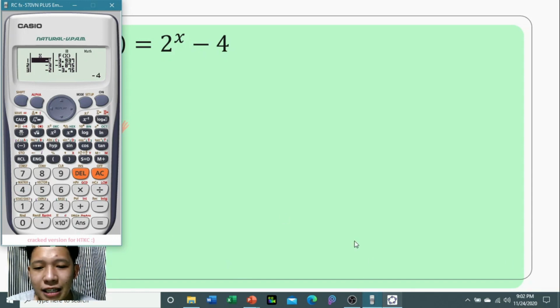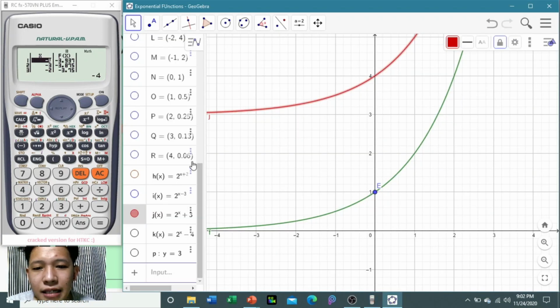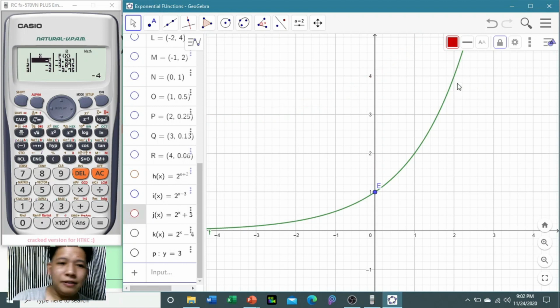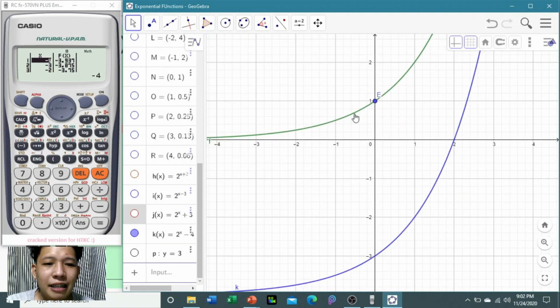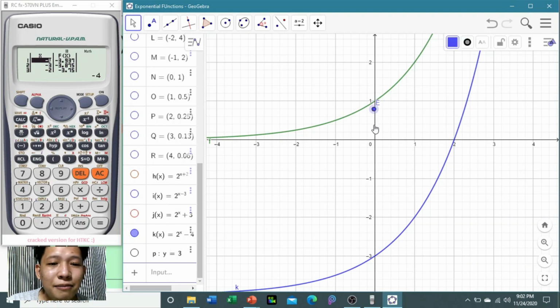And then, if we're going to graph that using our graphing tool, if this is our original exponential function, 2 raised to x, then 2 raised to x minus 4, ang nangyari naman sa kanya ay what? Bumaba naman siya. So, tignan natin yung y-intercept natin sa original. Bumaba siya ng 1, 2, 3, 4 units sa ating original graph.